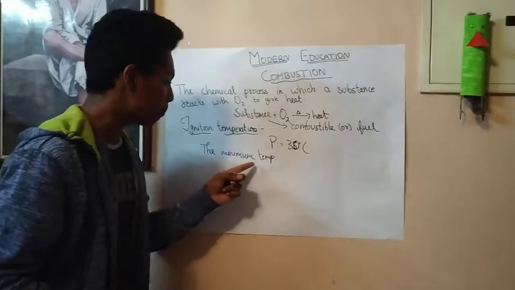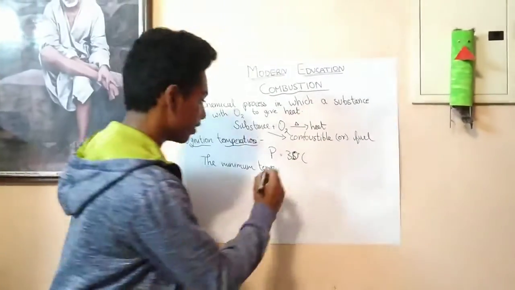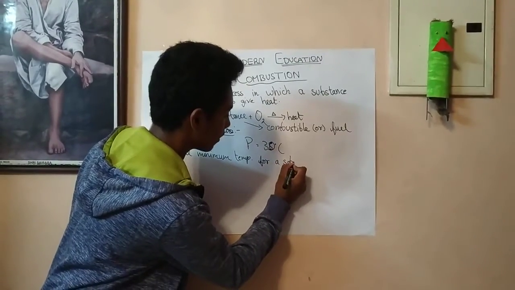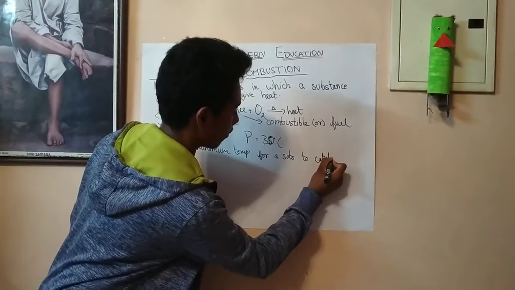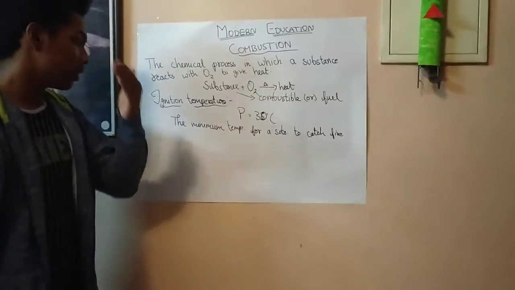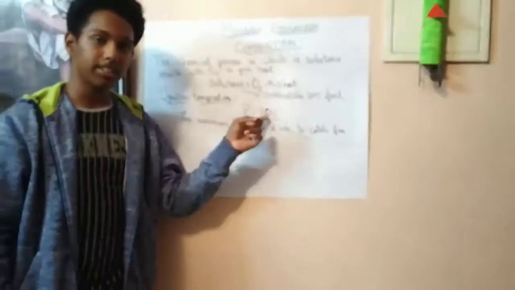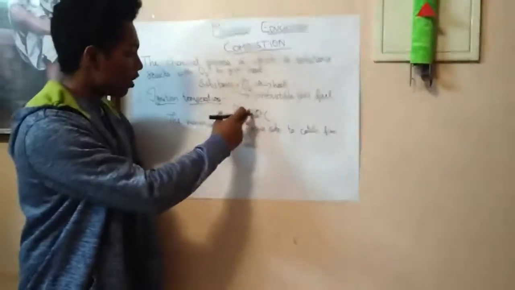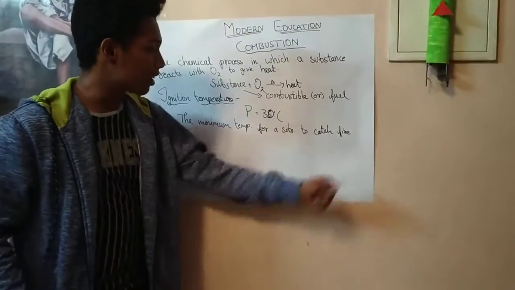The minimum temperature required for a substance to catch fire. So the ignition temperature of phosphorus is 30 degrees Celsius. This is the minimum temperature required for phosphorus to catch fire.